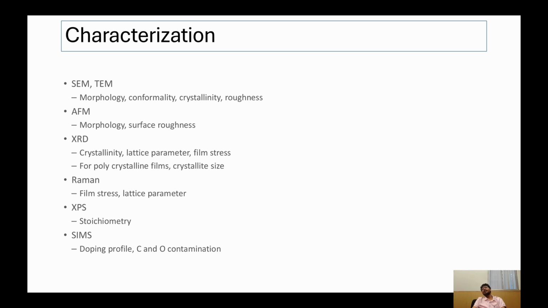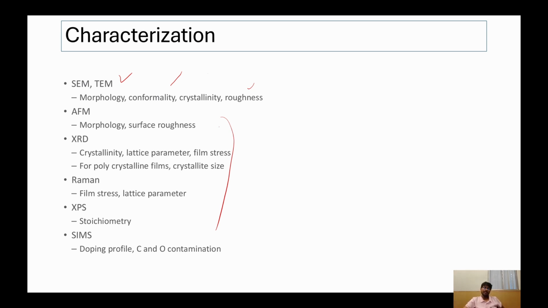After your deposition you can characterize the film with SEM and TEM for morphology, conformality, crystallinity, and roughness, and also you can check the thickness. There are these kinds of characterizations that you can do to optimize your film.